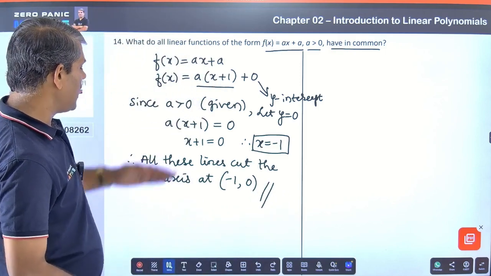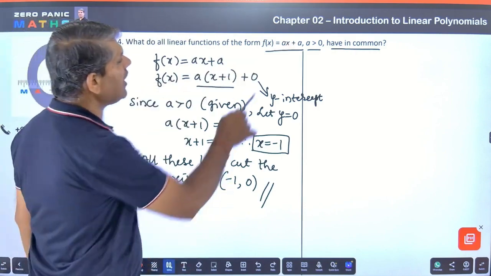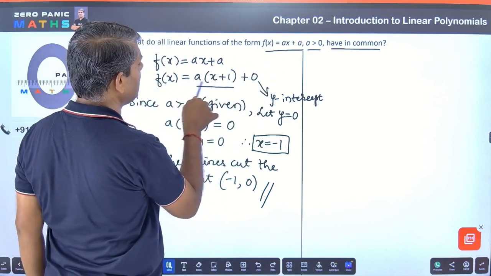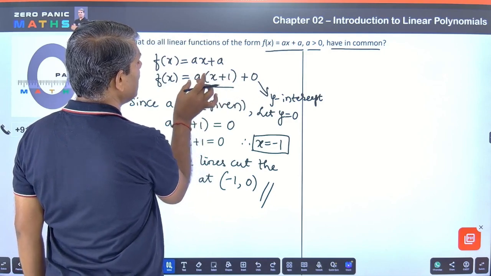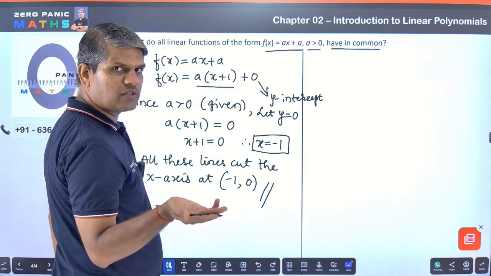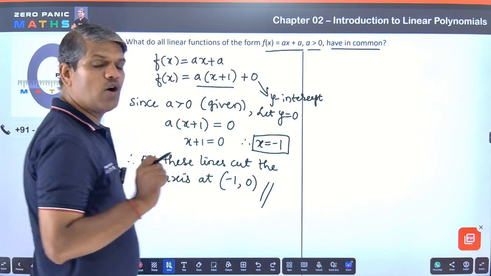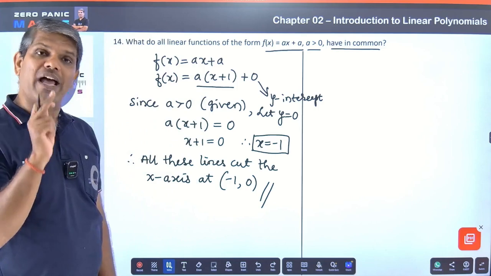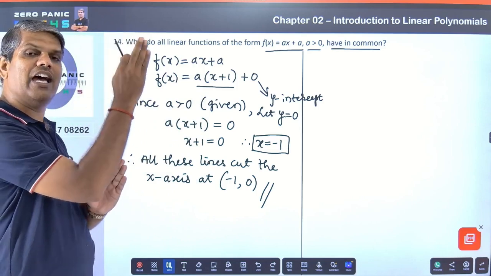And what is the other common point? Since they have given a greater than 0, what is a in this case? In the reduced formula, you check what is a. It is the slope, so slope into variable plus y-intercept. The y-intercept is 0 only, and I can say slope is greater than 0. If you have slope greater than 0, it always has a positive slope and is in increasing mode.